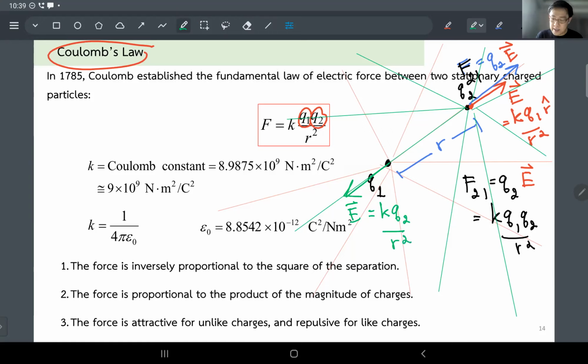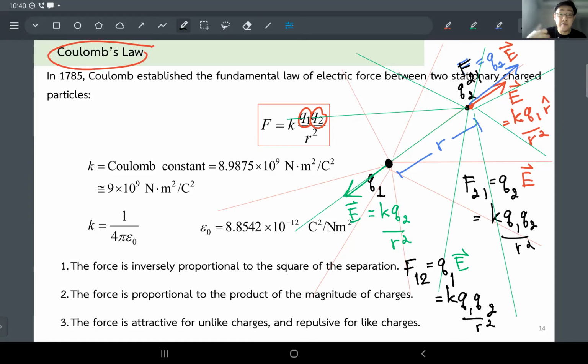But of course, at the position of Q1, what will be the force that Q1 is experiencing? Well, that's easy. The force on Q1 due to particle 2, let me put F12 there, is going to be just Q1 itself multiplied by the green electric field there. Easy. And what I get is going to be K Q1 Q2 over R squared as well. And you are done, see? So this formula is symmetric on both sides.